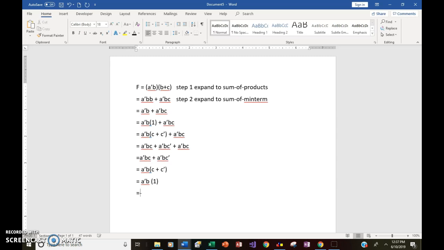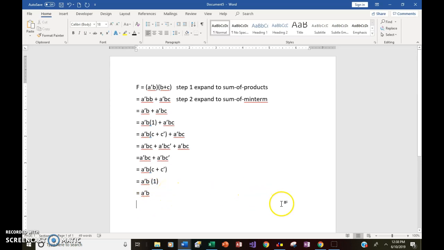Finally, you're left with A prime B. So your function is reduced down to this equation, F equals A prime B. Very simple. If you were to build the circuit for this, you only need 2 gates: your AND gate and your inverter.